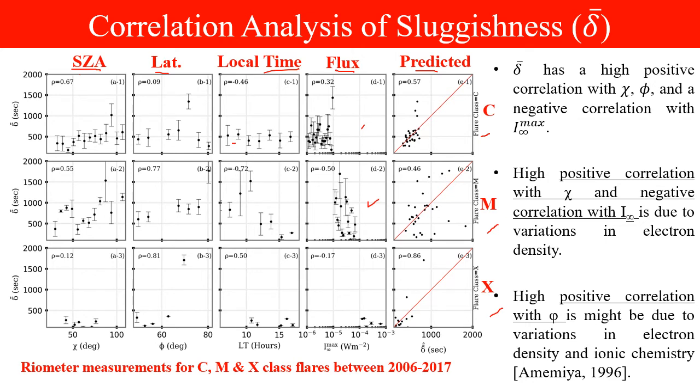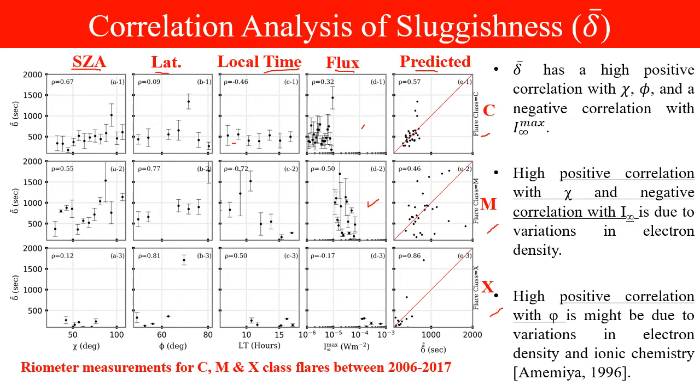Typically, we understand the positive correlation with solar zenith angle and the negative correlation with peak solar flux as due to the variation of electron density, and it's really easy to understand. If you think of the subsolar point, if you go far away from the subsolar point, you have less ionization, and that leads to a higher amount of sluggishness.